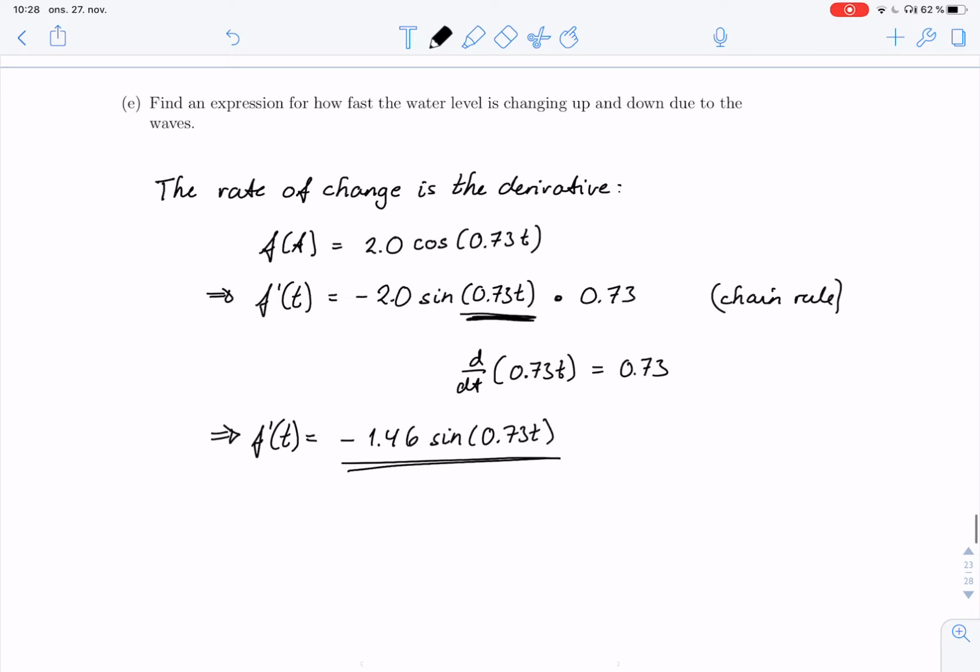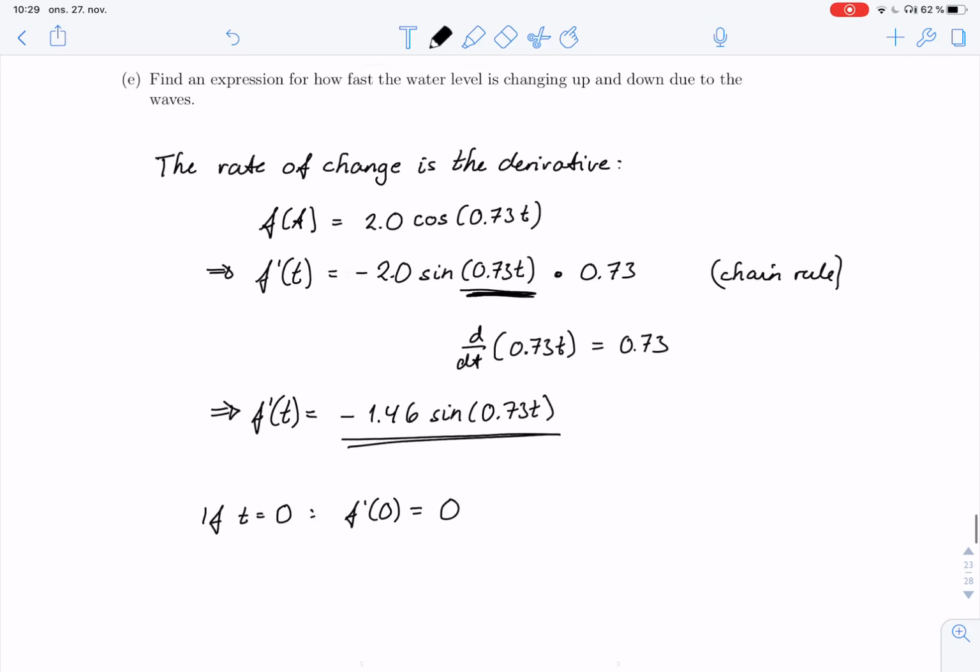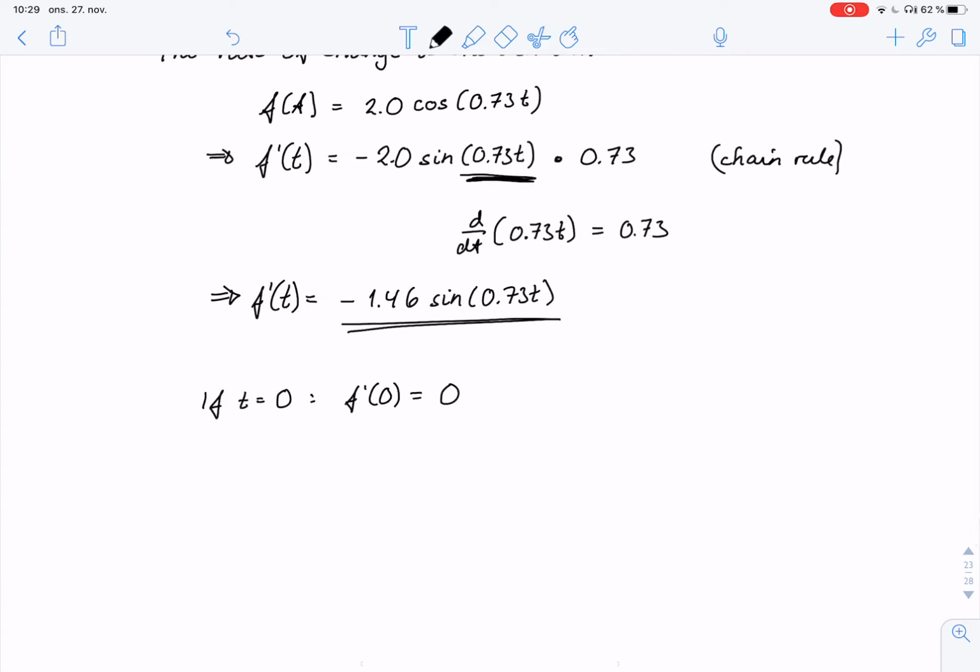For example, if t equals 0, we get something with sine 0, which is 0. Not surprising, because we have a cosine here, and that one starts at the top and then goes down and then up again. So here we have a maximum point where the derivative is supposed to be 0.